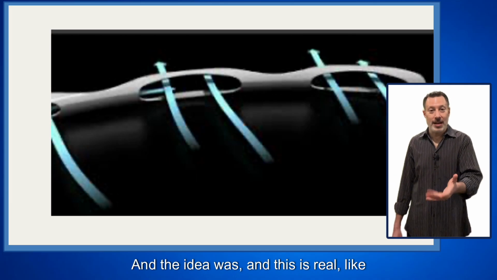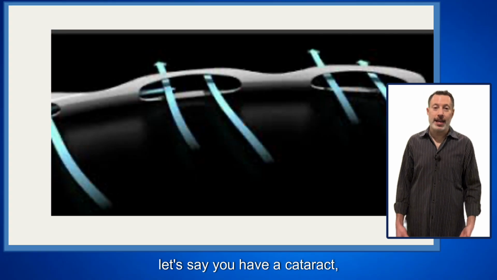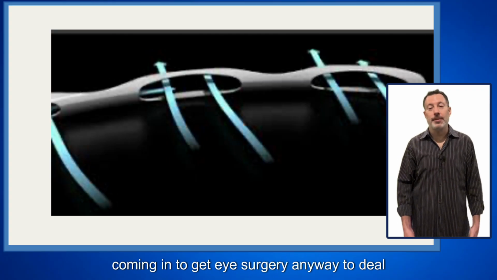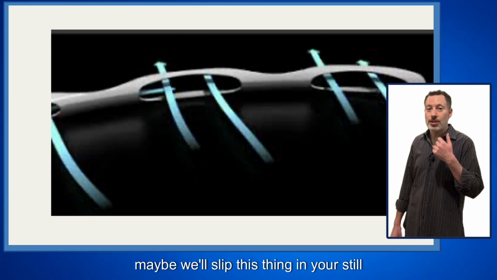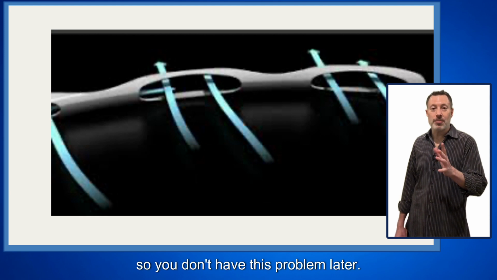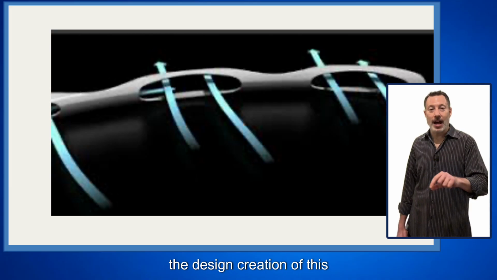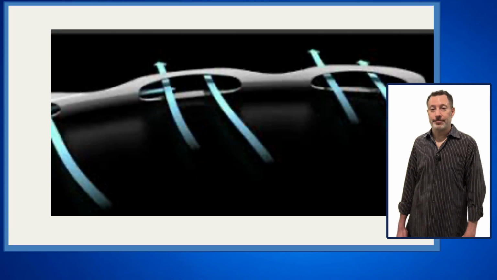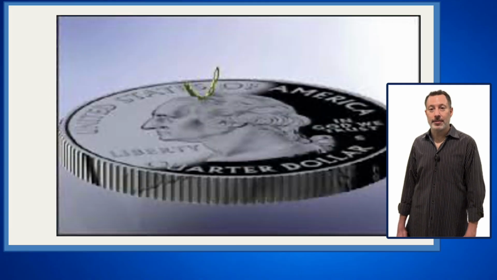And the idea was, and this is real, like folks are doing this now, if you're coming in to get eye surgery anyway, let's say you have a cataract, another thing lots of us get as we get older, maybe we'll slip this thing in your still totally fine Schlemm's canal, reinforcing it so you don't have this problem later. This was the cool scientific achievement, the design, creation of this little bit of scaffolding, if you will. Super tiny, just to show you proportions against a quarter. There it is in the eye.